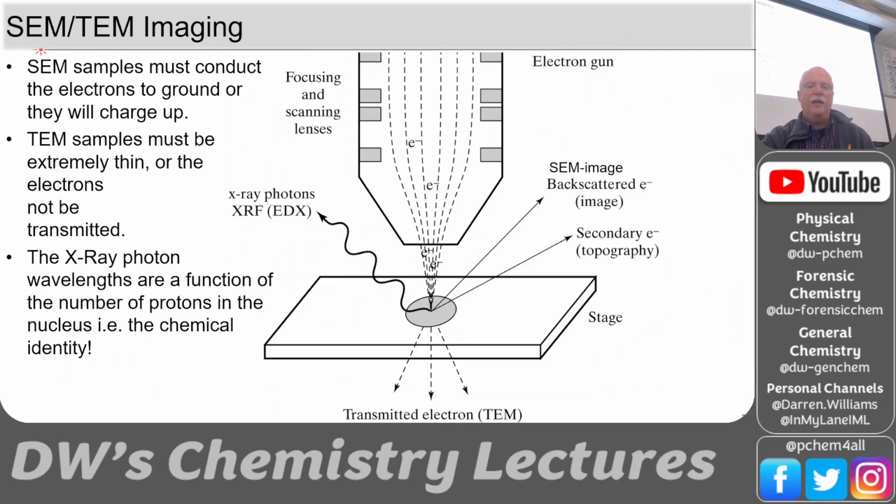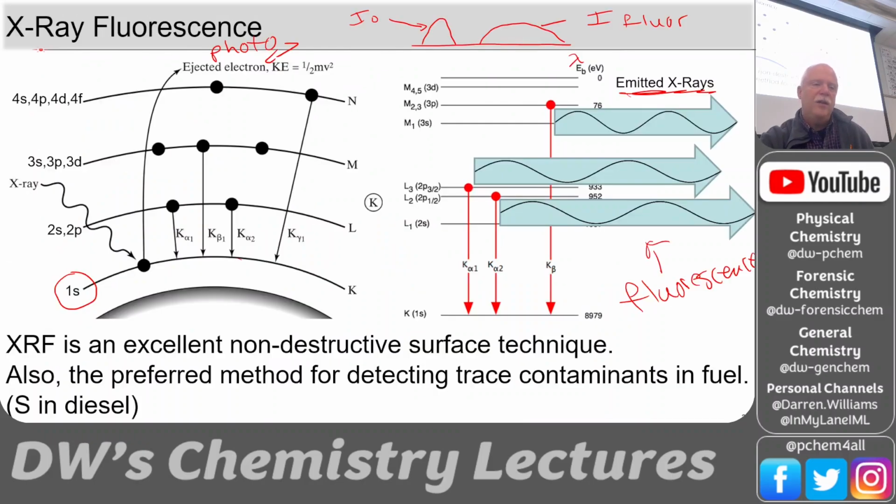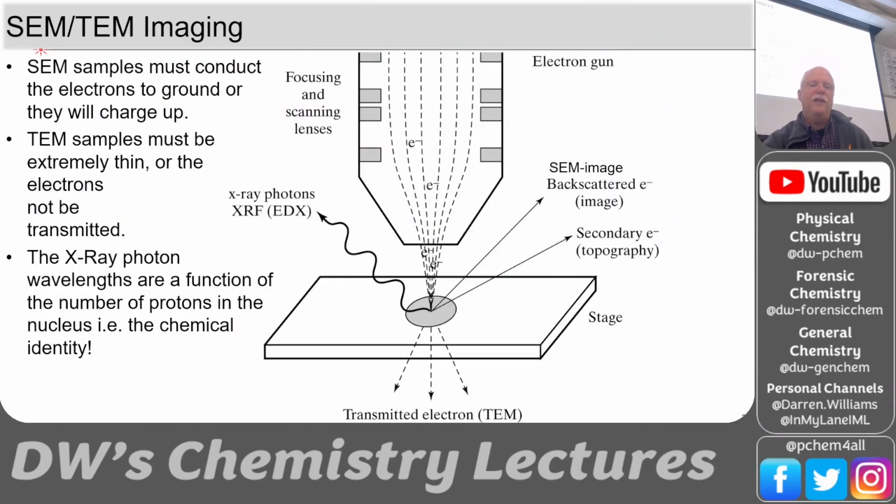Now, we don't have to use an X-ray. We could also kick out an electron by hitting it with electrons. So if we have a scanning electron microscope, way up here we've got a hot wire, and those electrons could come streaming off of this.